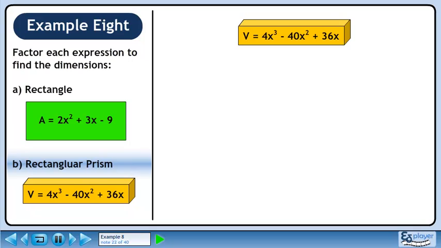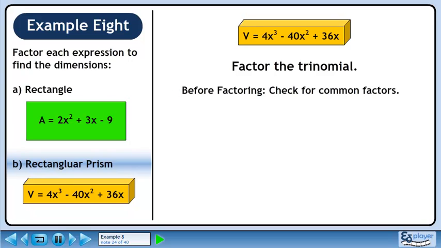In part B, we'll find the dimensions of a rectangular prism. Factor the trinomial. Before factoring, check for common factors. 4x is a common factor.